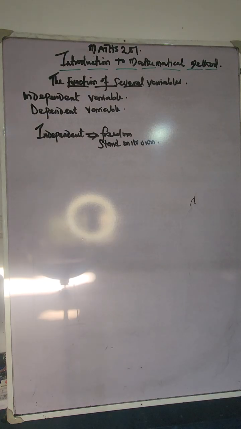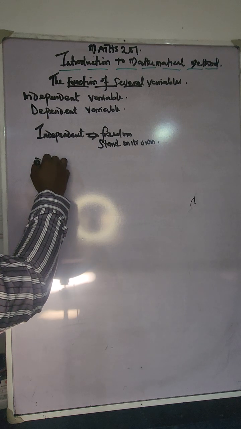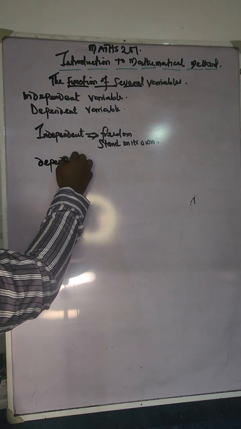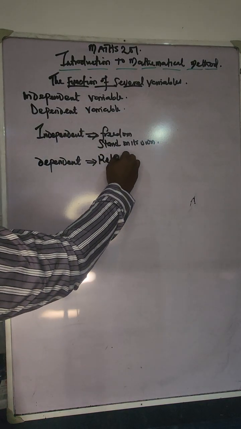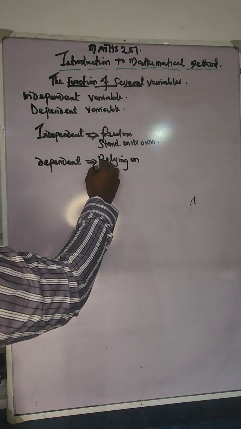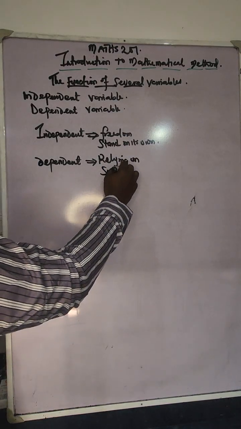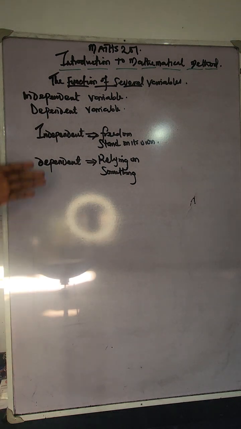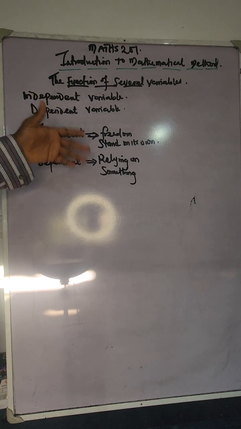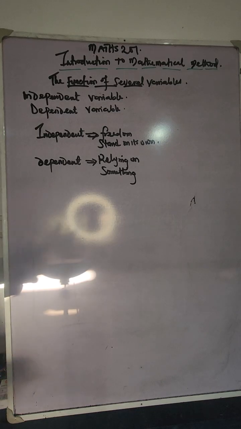The word dependent means it is relying on someone else, on something, right? So that is why we say something is independent, it means it has freedom. It can stand on its own. Something is dependent, or a function or a variable is dependent, it means it has to rely on something.